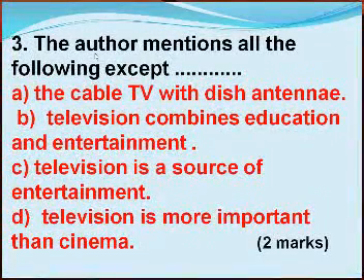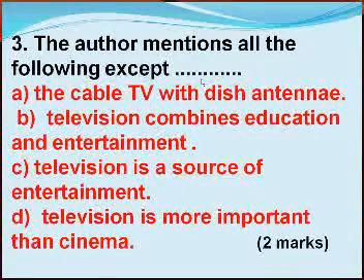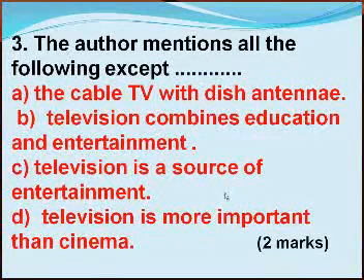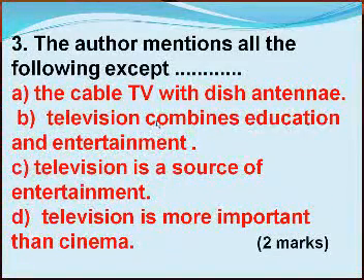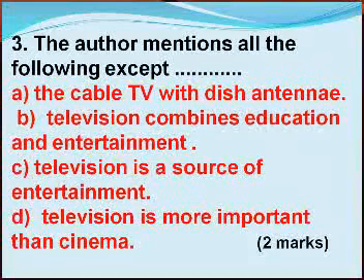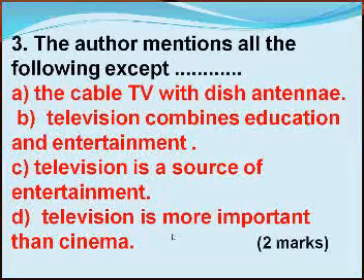Next question. The author mentions all the following except. So be careful, because what you'll have to do here is find one of these which is not correct, which was not mentioned in the text.